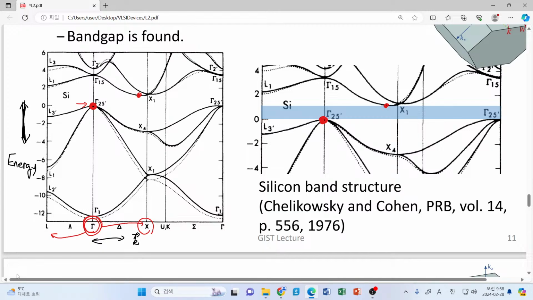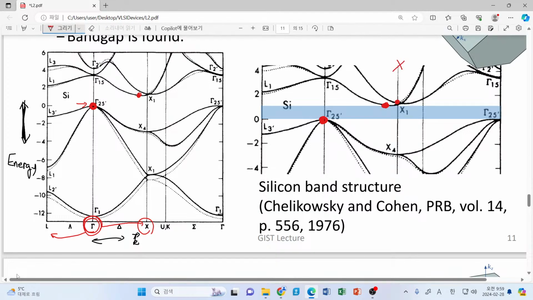Please have a look at it. Here we don't have the minimum energy level. The minimum energy level lies slightly off from our X value.